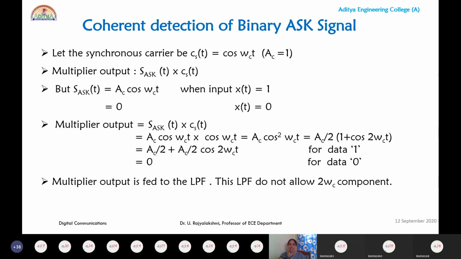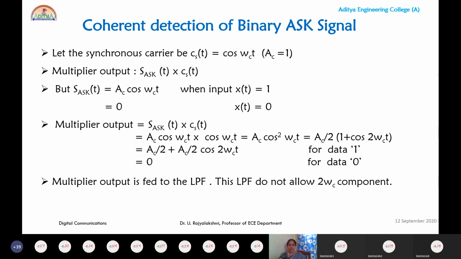We assumed the synchronous carrier as cos omega ct with phase variation as 0 and amplitude of carrier as 1 volt. The product is A_C cos omega ct multiplied by cos omega ct, so you will get A_C cos square omega ct.